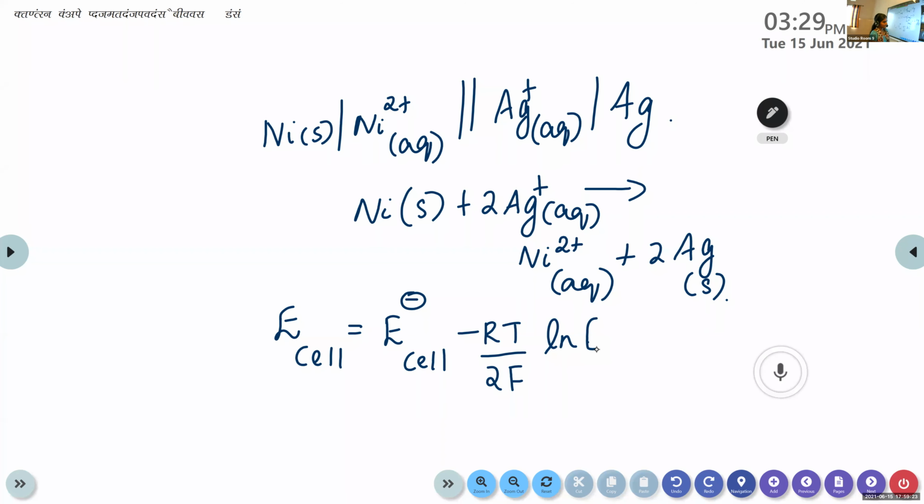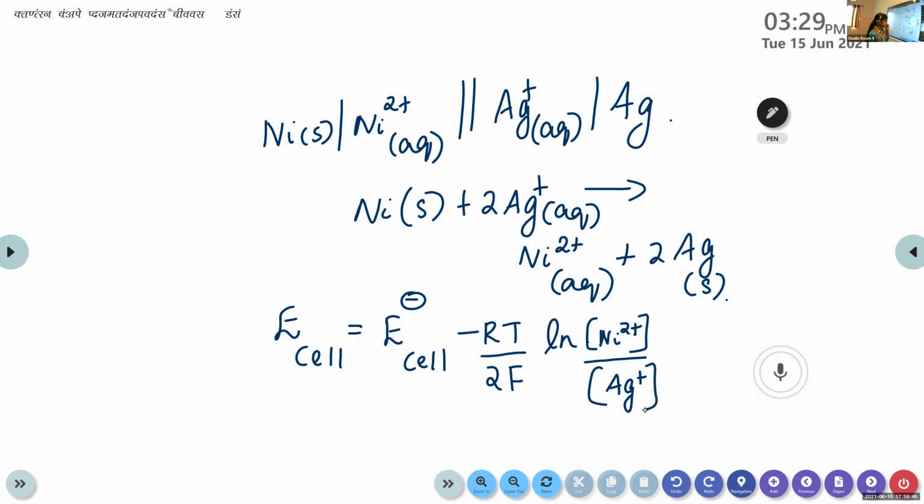Ni. That's correct, Ni2+, because it's anode by cathode. Ag+. So this is the Nernst equation for the above cell.